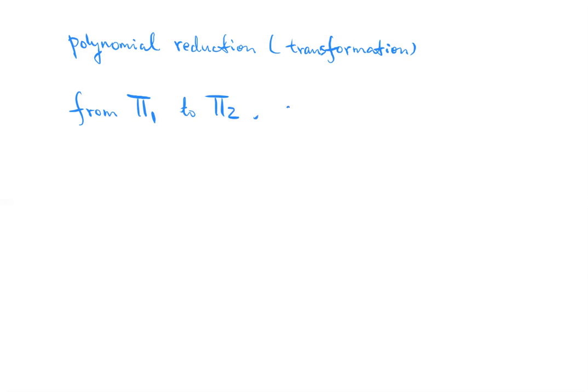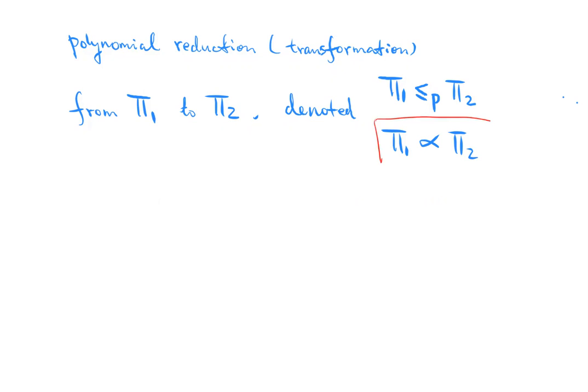Typically, we denote it, as you will see in textbooks, with the notation less than or equal with a p here, meaning polynomial reduction. Usually, I would rather write it this way. In Garey and Johnson's book, the Bible of NP completeness, they use this notation. So usually I will write it in this way. That's the notation.